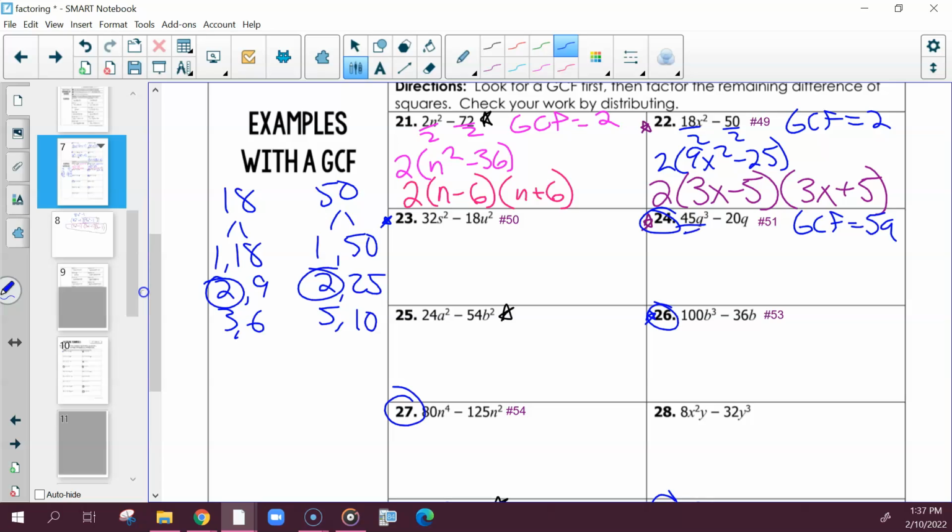If we divide both of these by 5q, what's left? 1q squared.